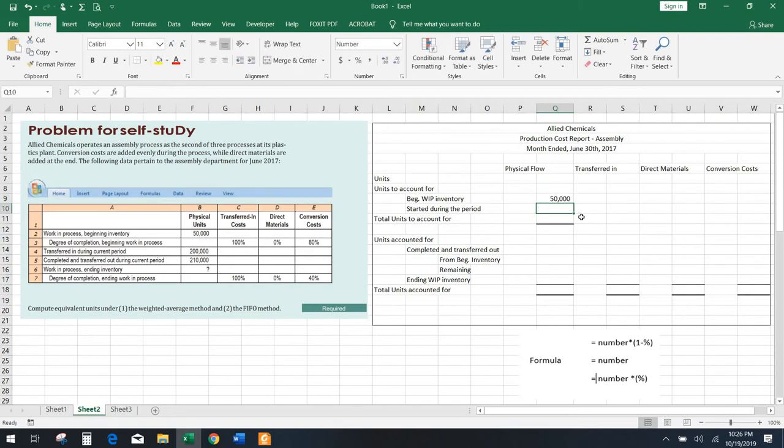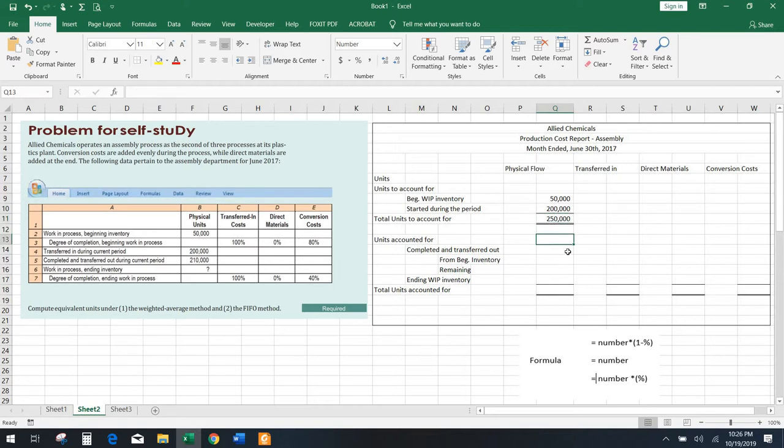Okay. And then it says started during this period. And here that number's transferred in because, as I said, it's the second department, so they didn't start, they transferred in 200,000. Okay, and this number is the sum of those two numbers.